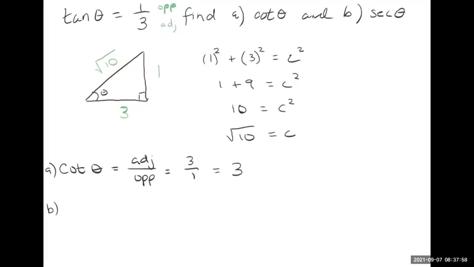Cosine is adjacent over hypotenuse, so this would be the reciprocal. I'm taking adjacent over hypotenuse and flipping it over, so hypotenuse over adjacent. This is the reciprocal of cosine. All right, so that's the square root of 10 over 3. So if it's not specified in the directions, you can use any method that you want.